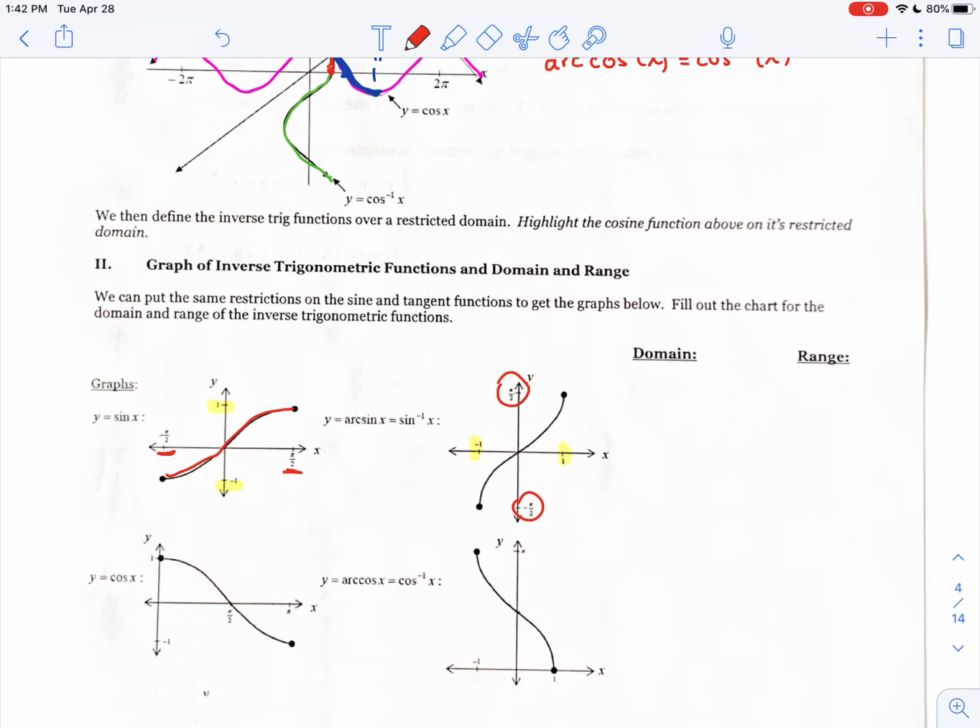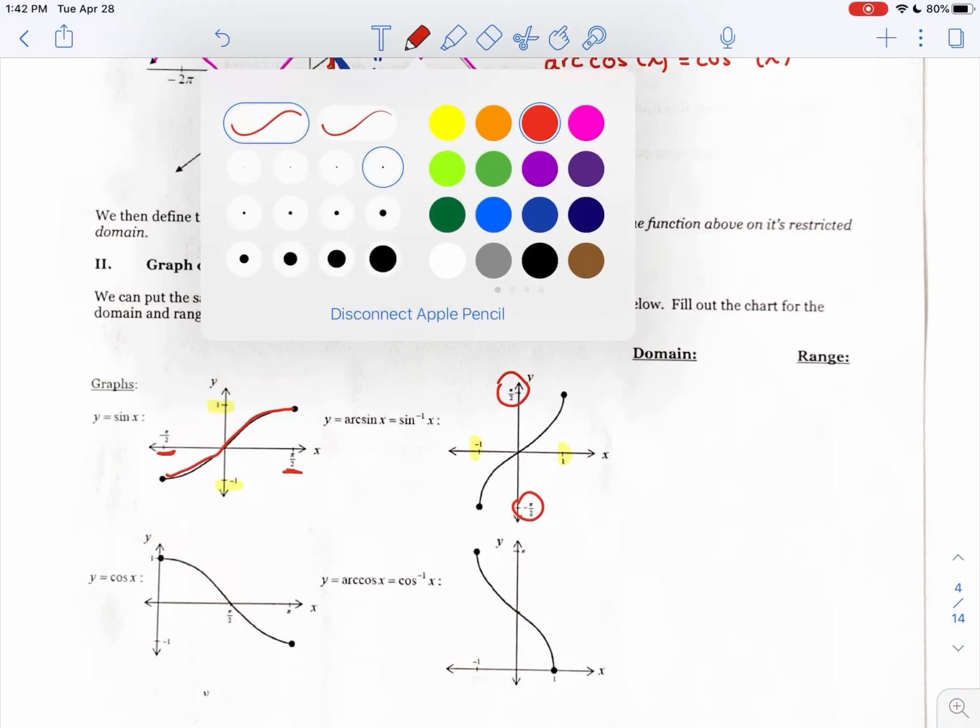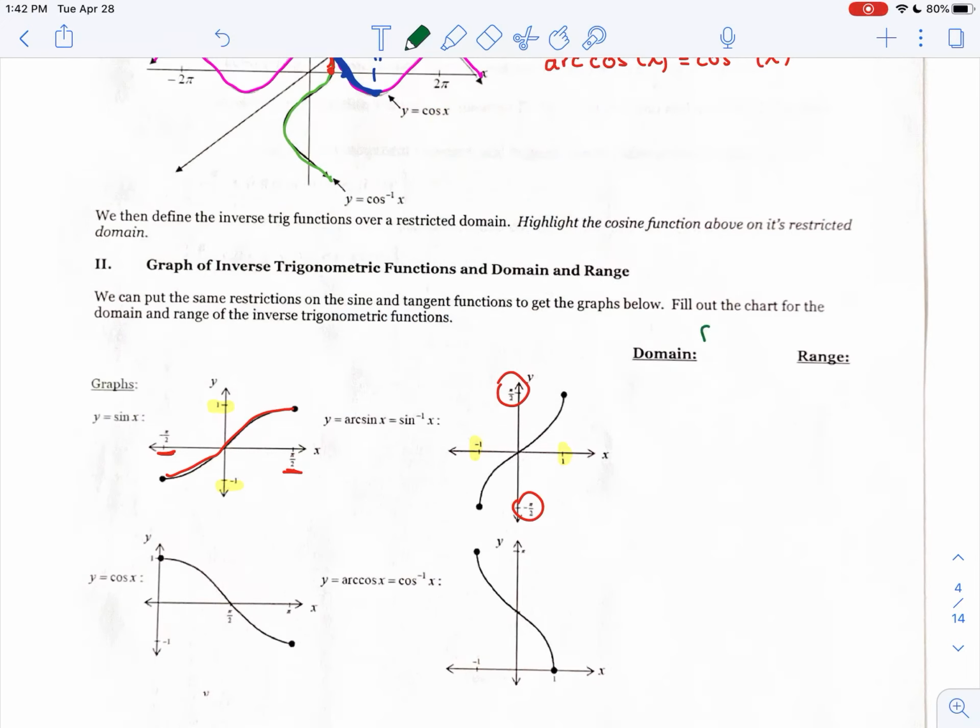So the domain and range that we are filling out here is going to be of the inverse function. Okay, so the domain of the inverse function now is -1 to 1, inclusive of it. The range is going to be negative pi over 2 is the smallest y value to pi over 2 inclusive as well.